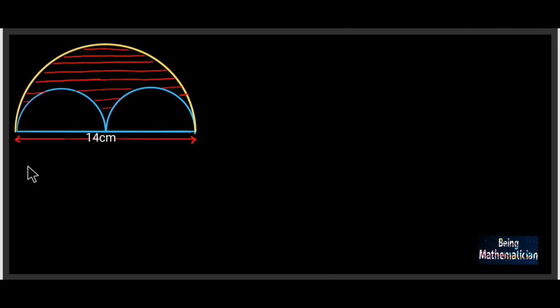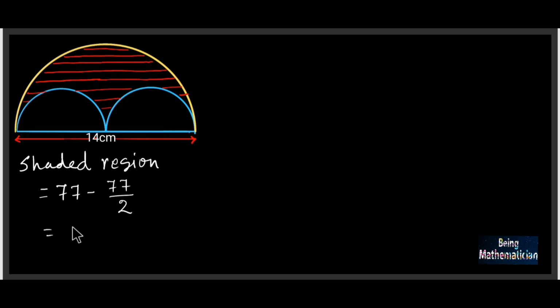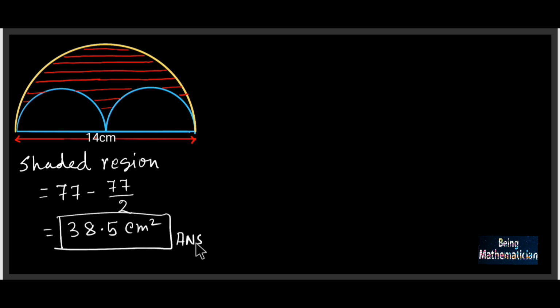So clearly our required shaded region must be the area of the big semicircle minus the sum of the areas of the two smaller semicircles. So it is 77 minus 77 by 2, which is exactly 38.5 centimeter square, which is our required answer.